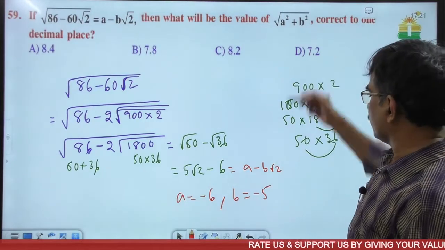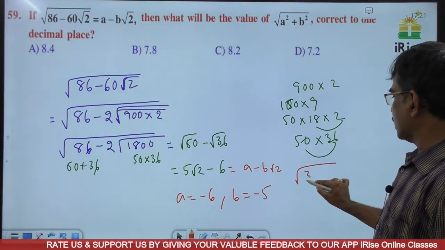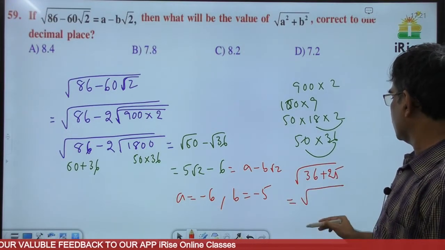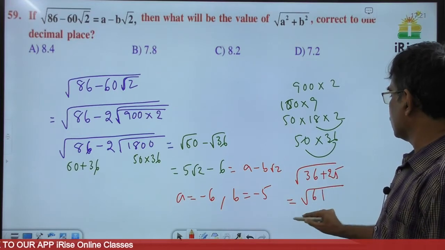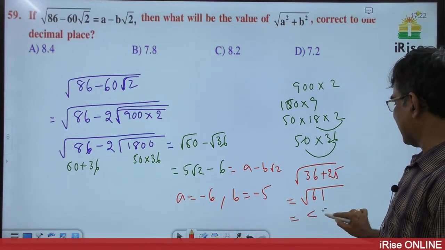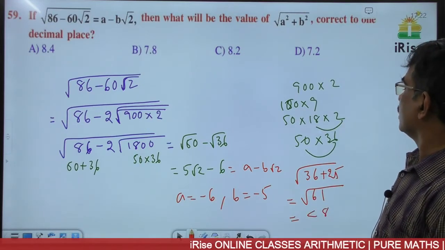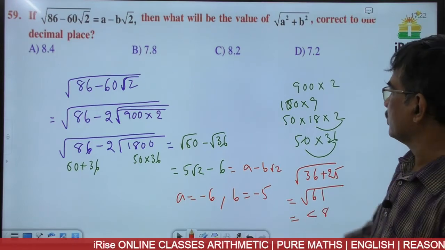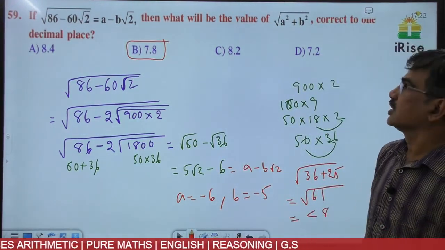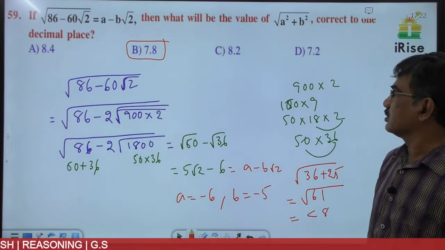Then what is root of a square plus b square? Root of 36 plus 25, root of 61. So what is approximately equal to root 61? It is less than 8, since 8 square is 64, so just less than 8. It is approximately equal to 7.8, correct to one decimal place.